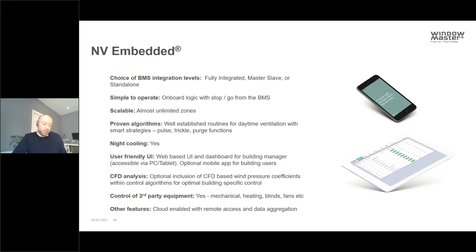Really nice user interface if you want to use a standalone user interface, or it can be integrated into the BMS user interface. Optional CFD analysis, that's something there's a lot more focus on for optimum building control. And it can also be used for controlling third-party equipment like blinds, fans, even heating and mechanical systems if you wanted to.